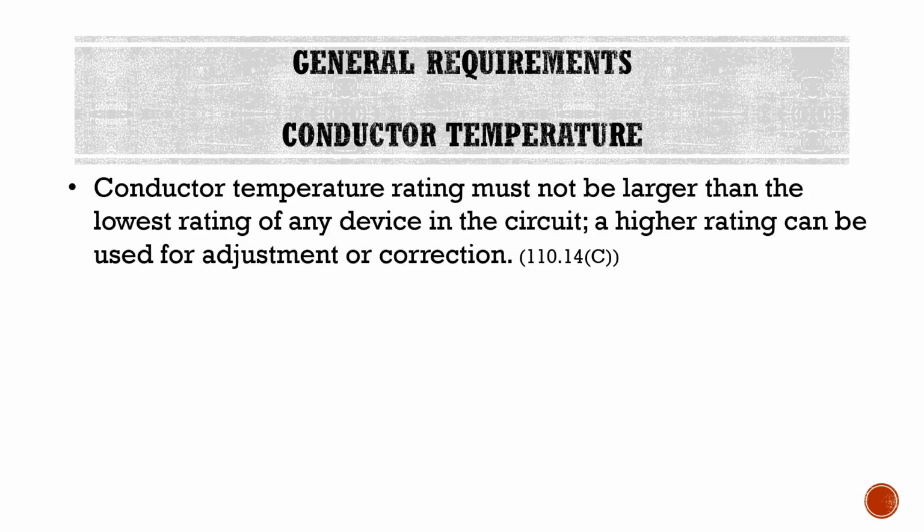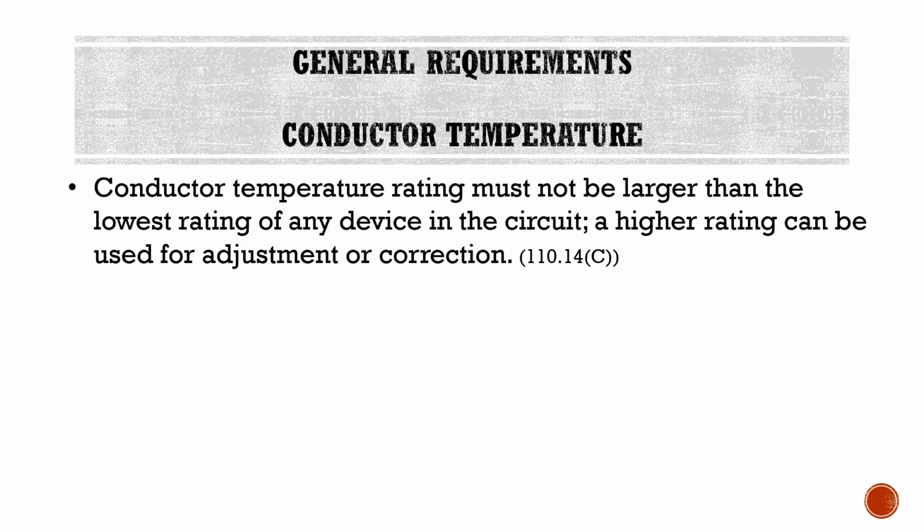The reason for this rating is because, as I've mentioned a couple times now, if the equipment gets warmer or hotter than it's intended to operate at, it can cause damage to it. So we need to know if a piece of equipment can be used in a 75 degrees Celsius setting, or if it can only handle up to 60 degrees Celsius. The lowest rating of any device in the circuit idea.